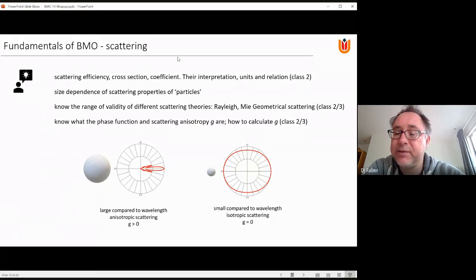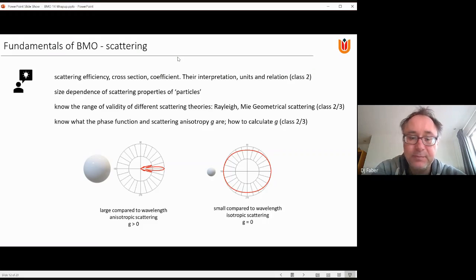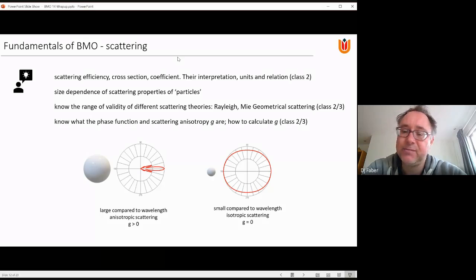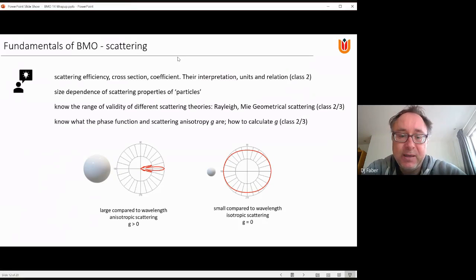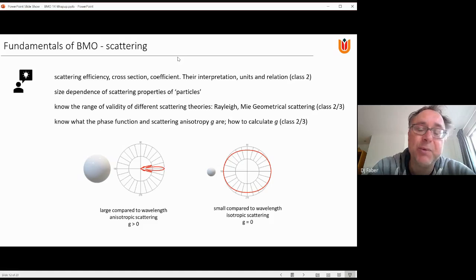That means that if the average of the cosine is close to zero, each angle is more or less equally probable. So that would be a small particle. If the scattering anisotropy factor is close to unity, that means that angles will be close to zero, which means that light just propagates in the same direction.